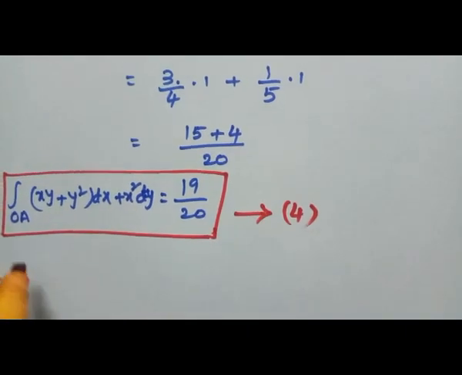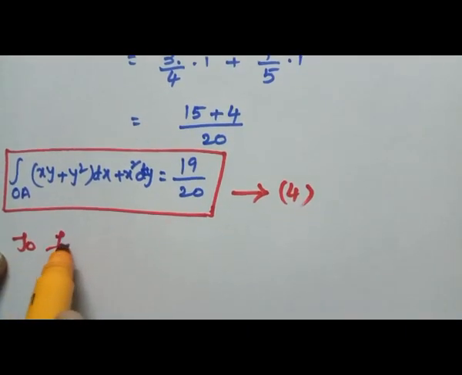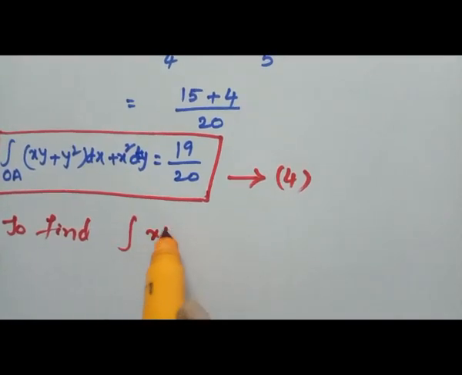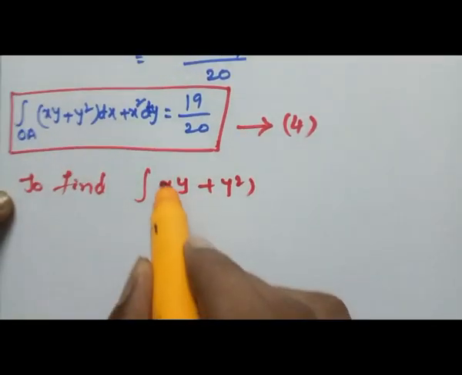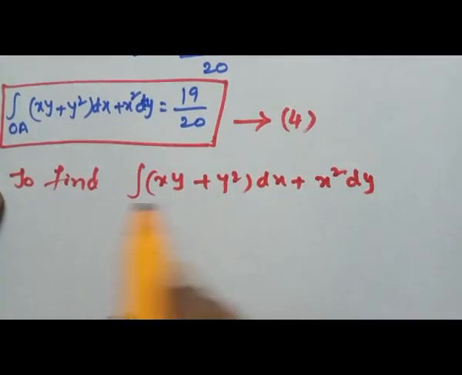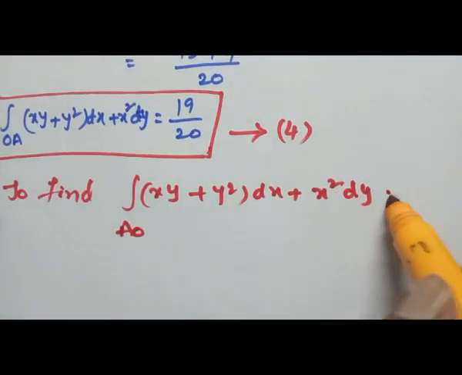Now to find the other integral of (xy plus y square) dx plus x square dy along AO.